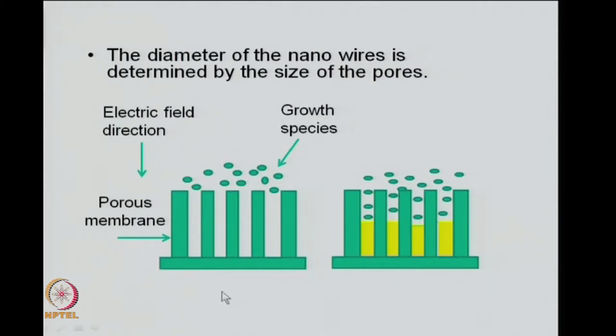This is a very simple picture of the exact process happening in the electrodeposition of nanostructured materials using a porous template supported by an electrode, which is the working electrode. And you can control the diameter of these nanostructures by making your template appropriately.